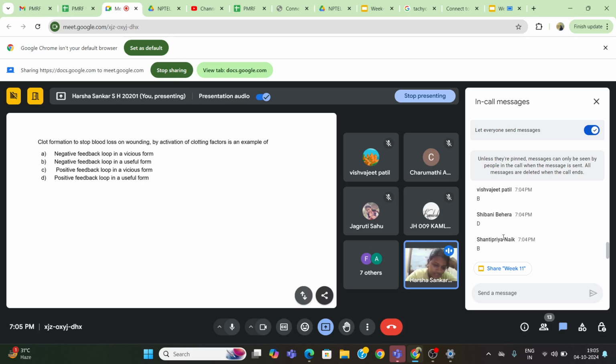Thermoregulation is negative feedback, and all our endocrine system. If more glucose is there, insulin will take up glucose; that's negative feedback. But blood clotting is positive feedback. Giving birth, oxytocin, contraction, that is positive feedback. So the correct answer is option D.